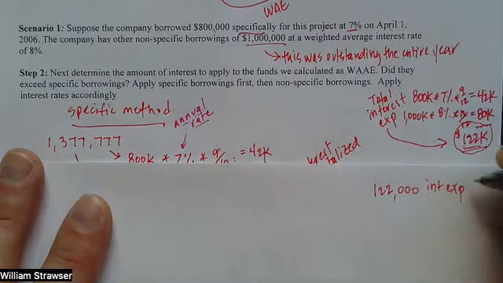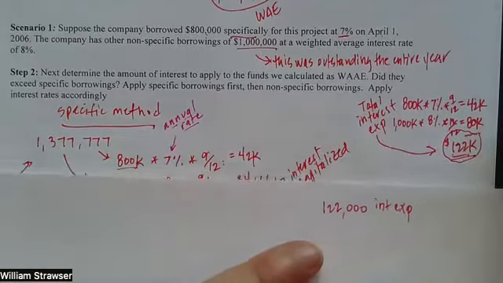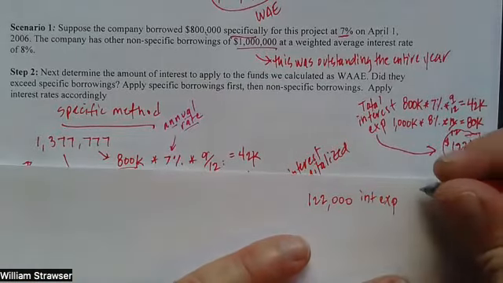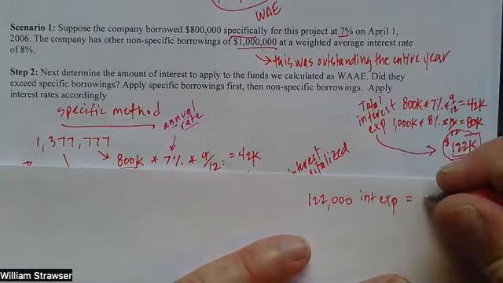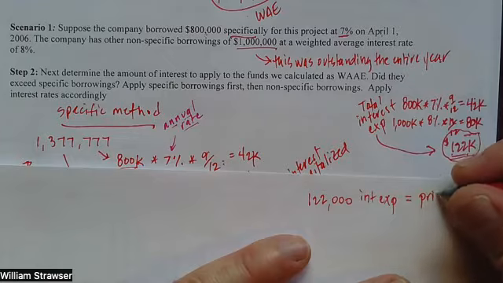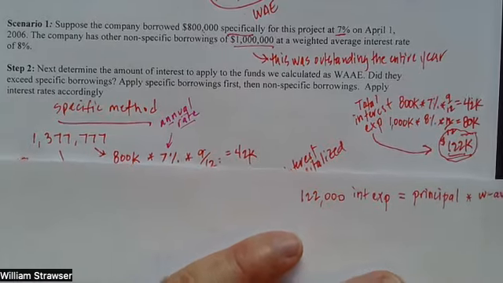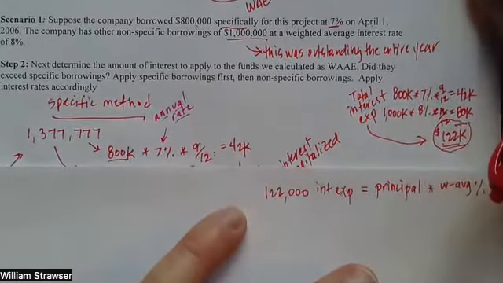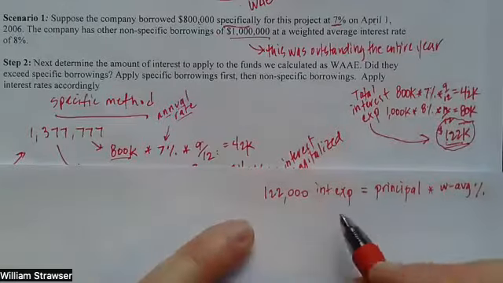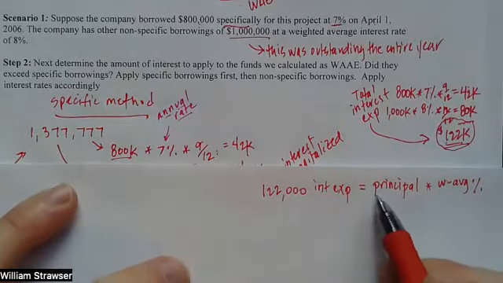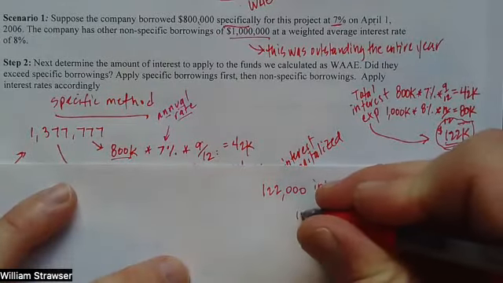And basically, we're saying interest expense is equal to the principals times a weighted average interest. So if this is their total interest expense, I divide it by their total principal.